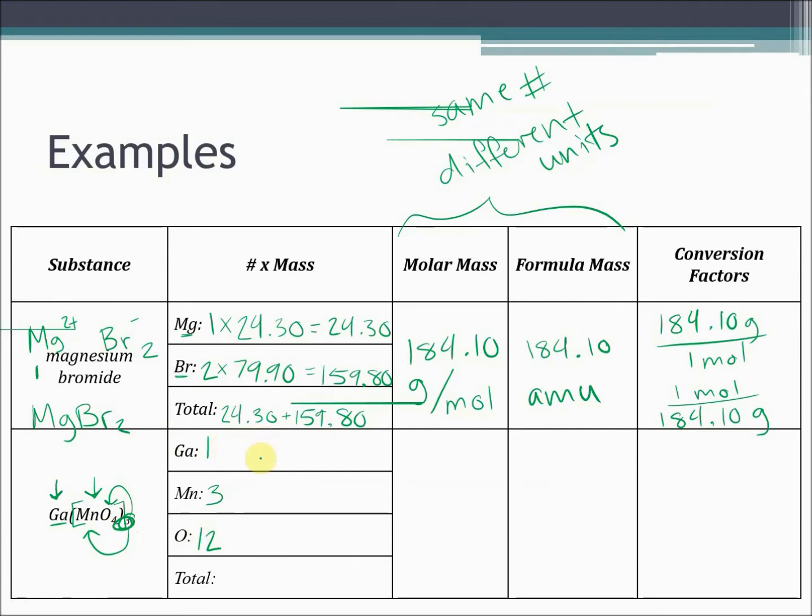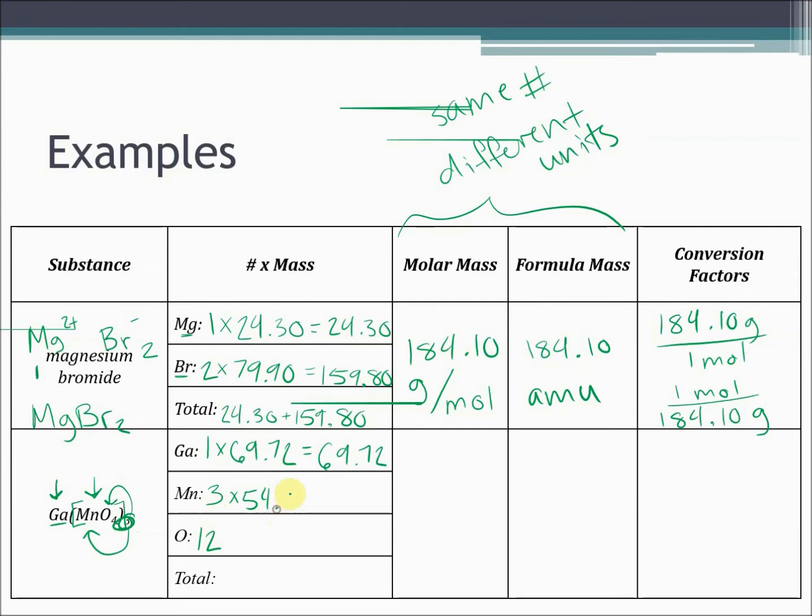So then we'll go look at our periodic table and find our different masses. Every gallium has a mass of 69.72, which means the total mass of all the gallium in our compound is 69.72. The mass of a single manganese is 54.94.